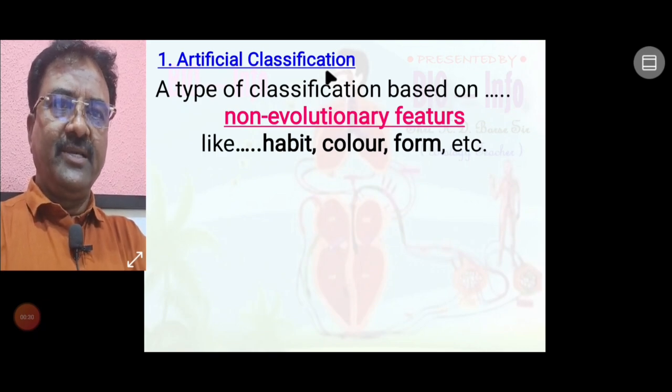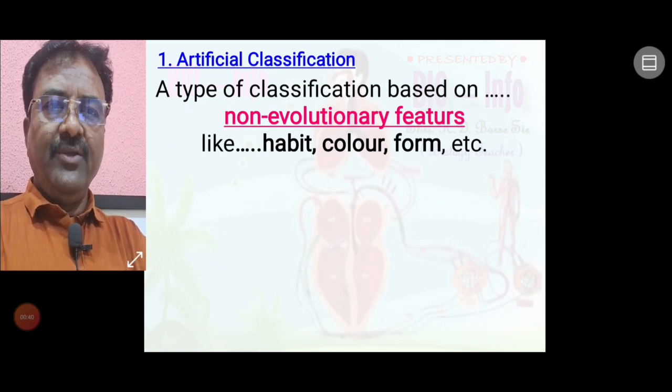In this classification, on the basis of non-evolutionary features, it does not support evolutionary theory. On the basis of habit, color, and form of organisms, classification takes place.